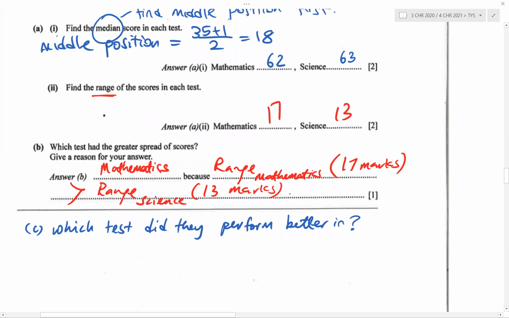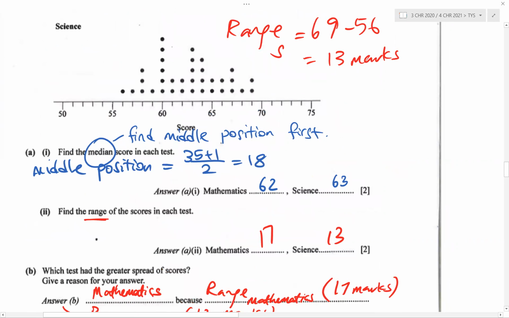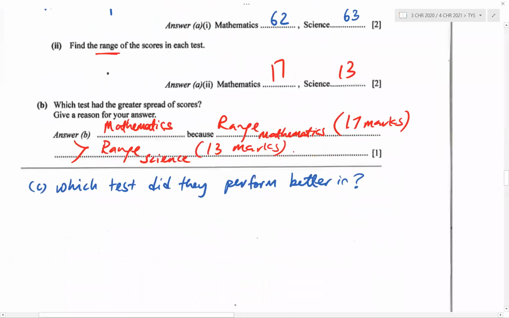In mathematics, we call that the mean. Since part A already asked us to find the median score, we're going to use median instead of the mean, because the median is also considered a type of average, where we just take the center. So for a performance question, we're going to compare median.